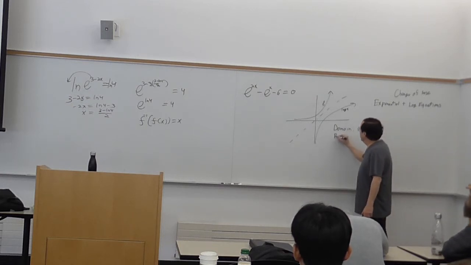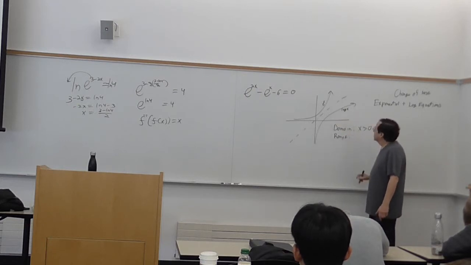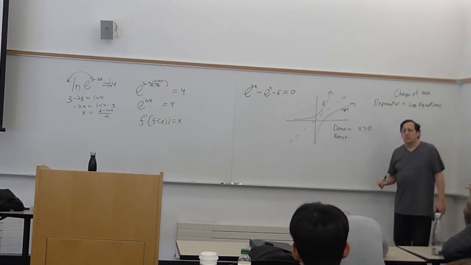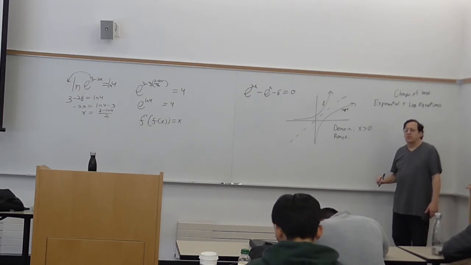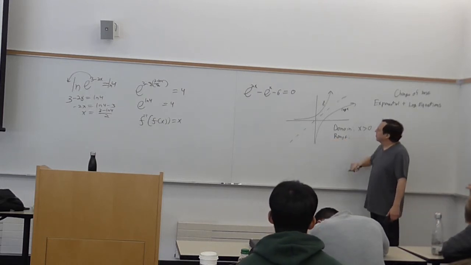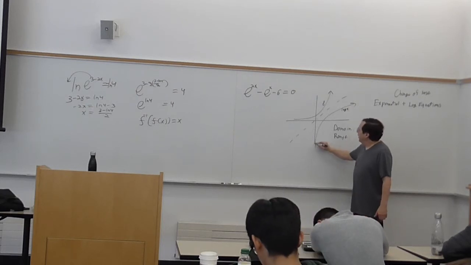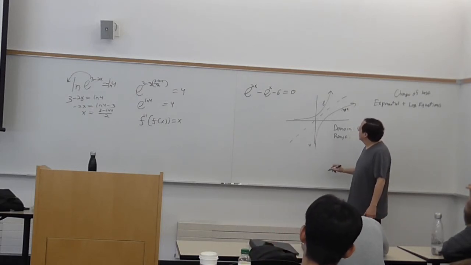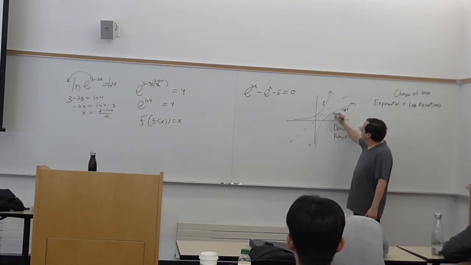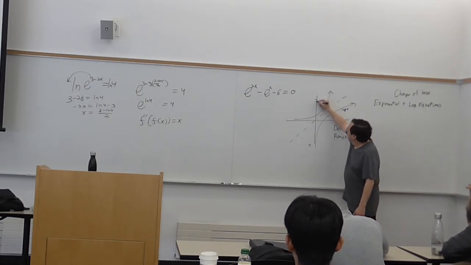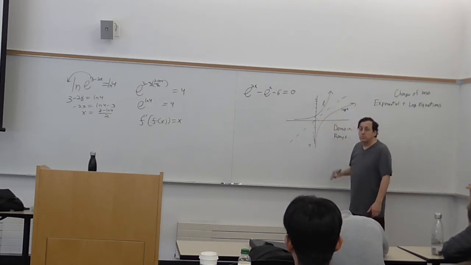While we're at it, what's the range of the log function? Should be able to look at this graph here, right? When I ask about the range, I'm asking about the y values. So which y values do we go through here?